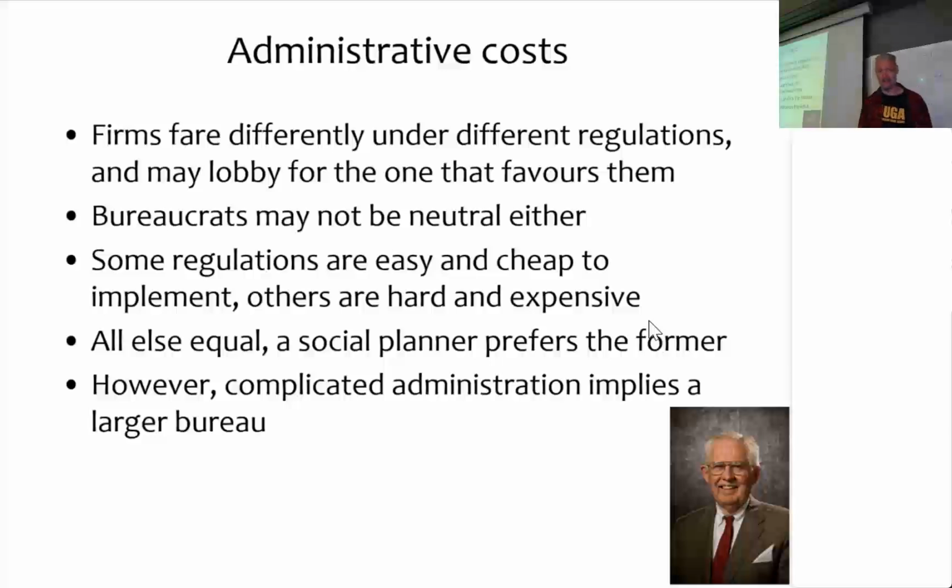Now, some regulations are easy and cheap to implement. Others are hard and expensive. I gave you the example of tradable permits versus excises, right? A social planner would prefer to do the things that are easy and cheap to implement. But bureaucrats, if they have their own agenda, and if we follow Niskanen's theory of the behavior of bureaucrats, want to maximize their budget, want to maximize their power within the bureaucracy.